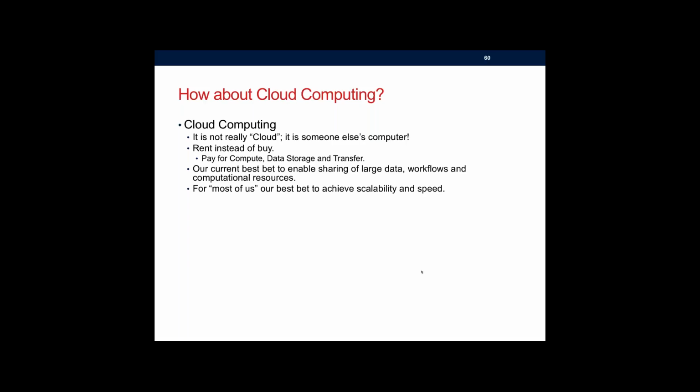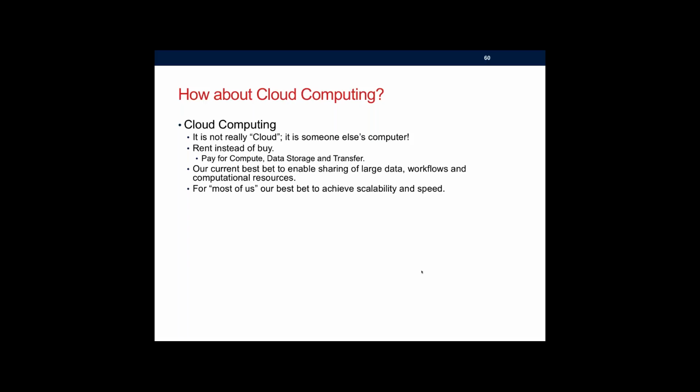Because I don't really have time, I cannot go into detail on how you can really use this, but everything we discussed really applies to cloud computing as well. If you look at, for example, Amazon today, they offer multiple virtual machine instances with different numbers of cores.